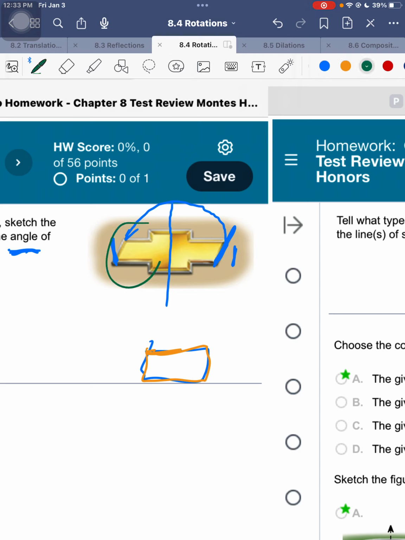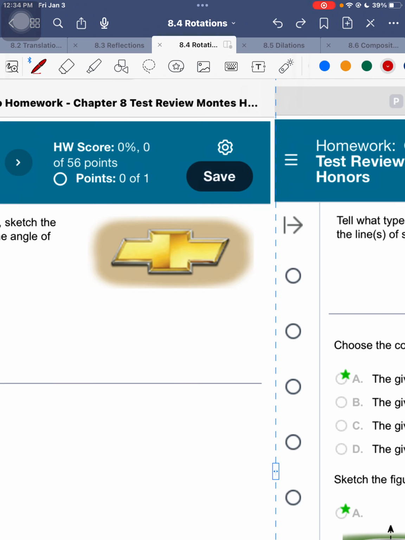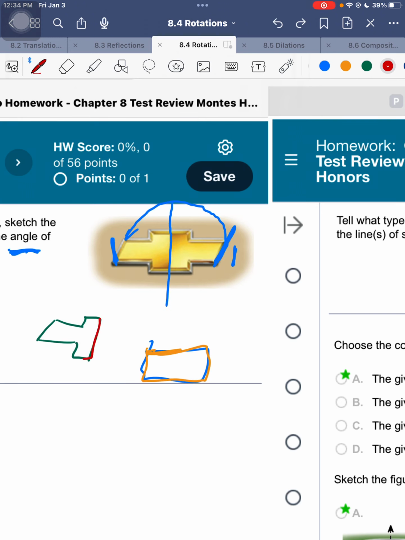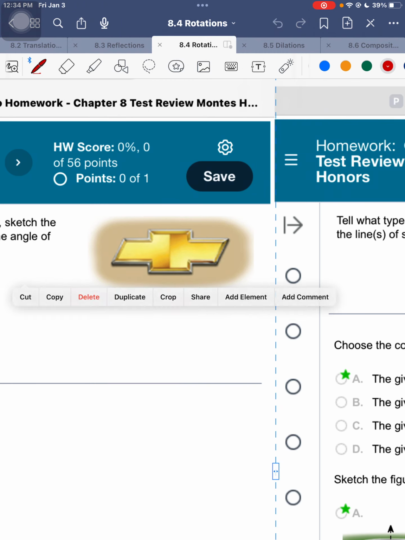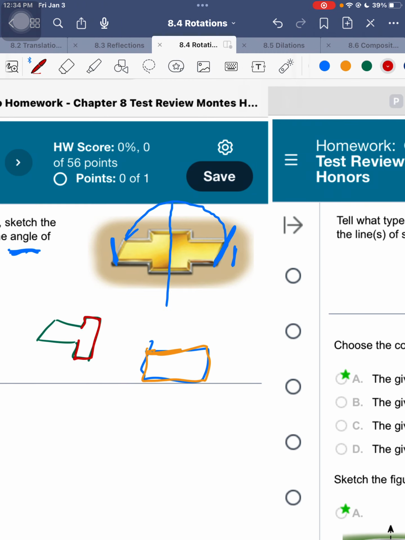I'm going to draw this little piece right here, and this piece right here. If I were to put this piece on top of it, it would look like this. So far, we're superimposable. But once I get here, it would be like this.